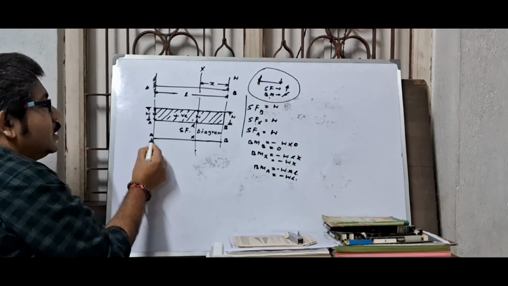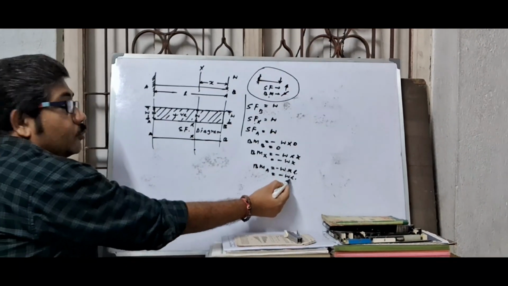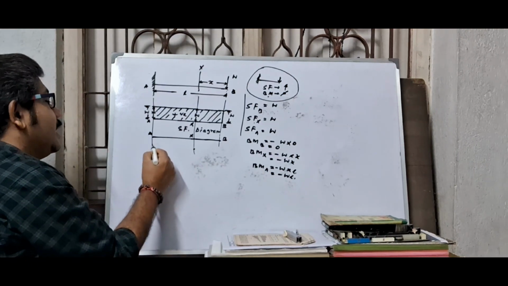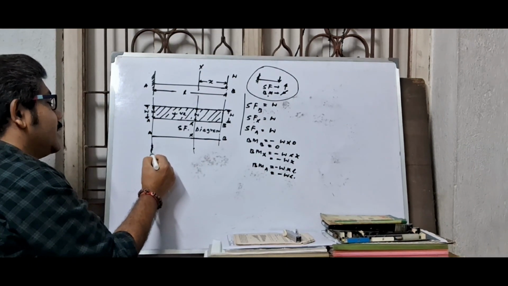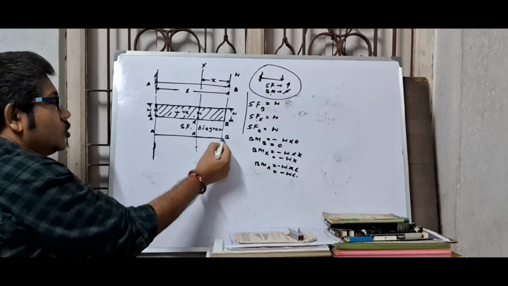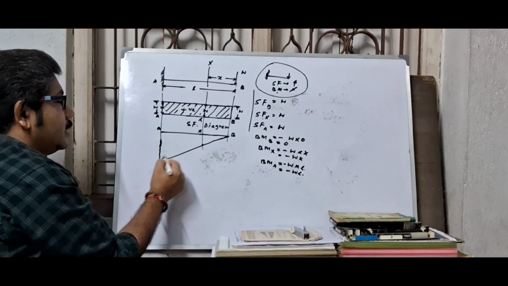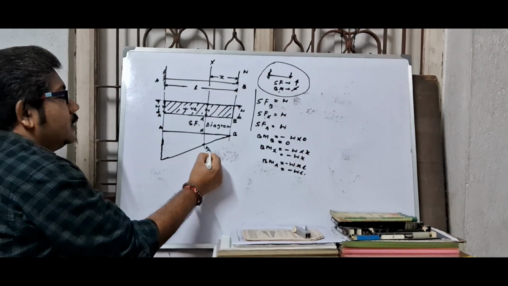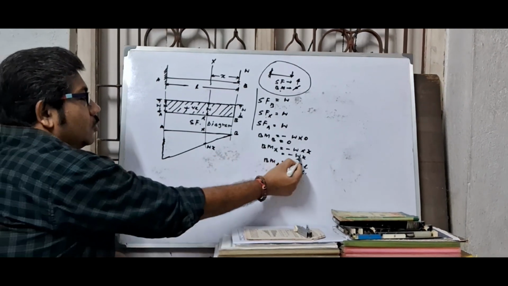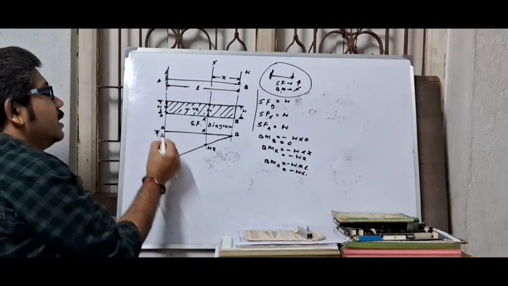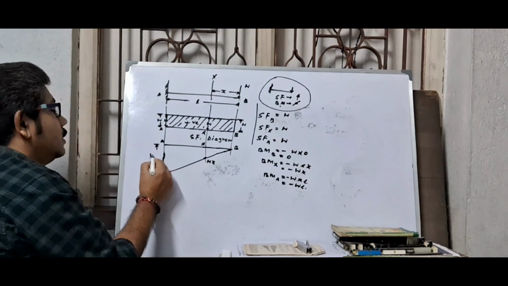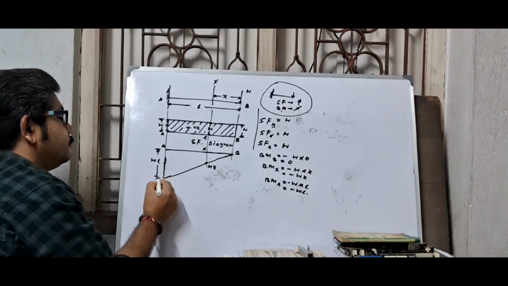And at point A, this is WL. And it gradually increases. So this is actually an inclined straight line. Here the value is Wx, and here the value is WL.